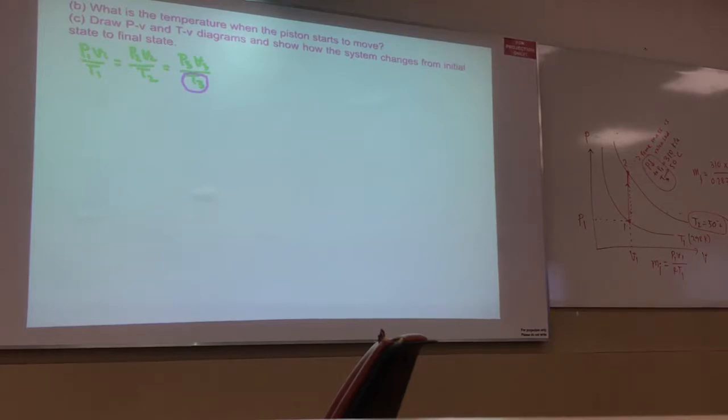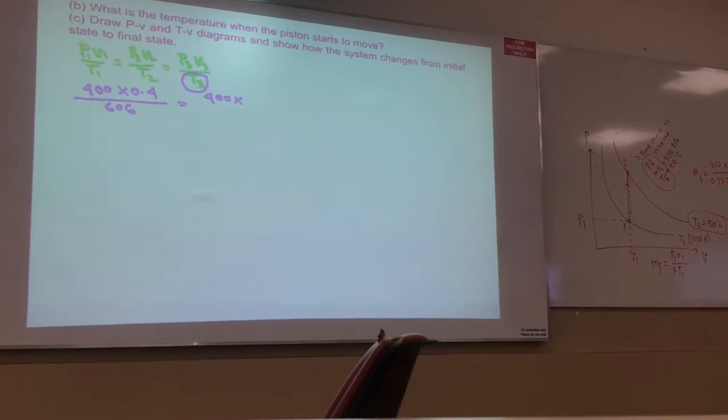Then I choose P2. What is the value of P2? P2 is 400. V2 is 0.4. T2 is 606. P3, what is P3? 400, same pressure.